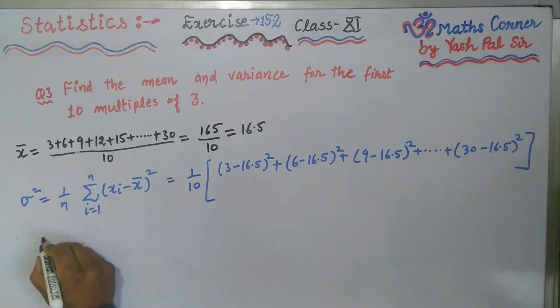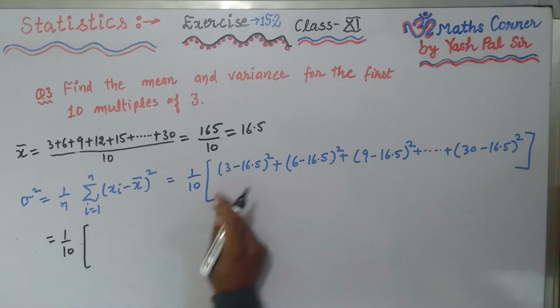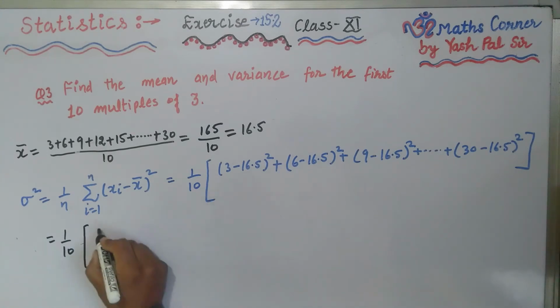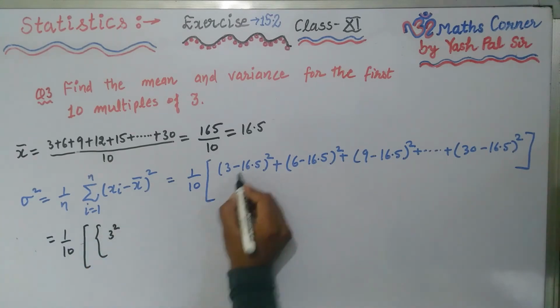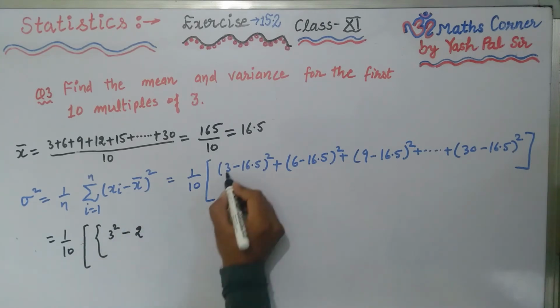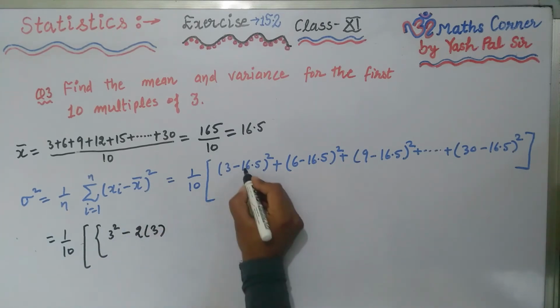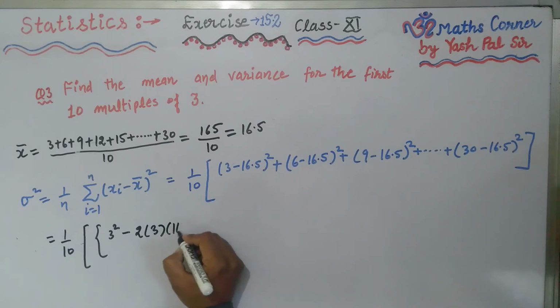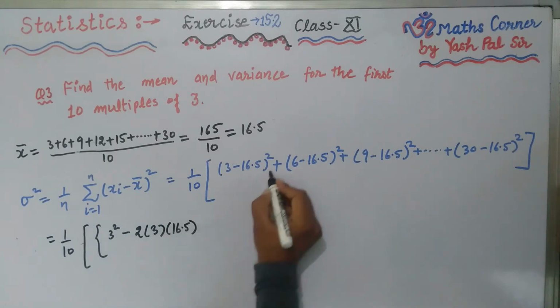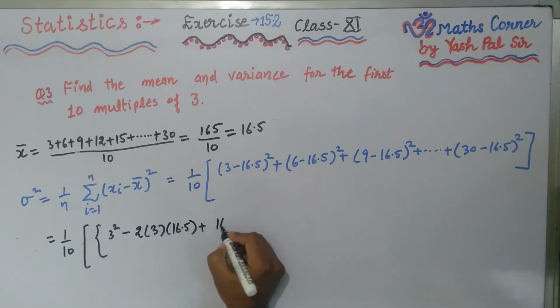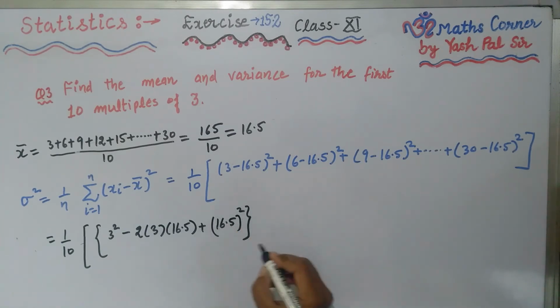This is 1 upon 10 into the first bracket. We solve: this becomes 3 whole square minus 2 into 3 into this number 16.5 plus 16.5 its whole square. This is the first bracket.